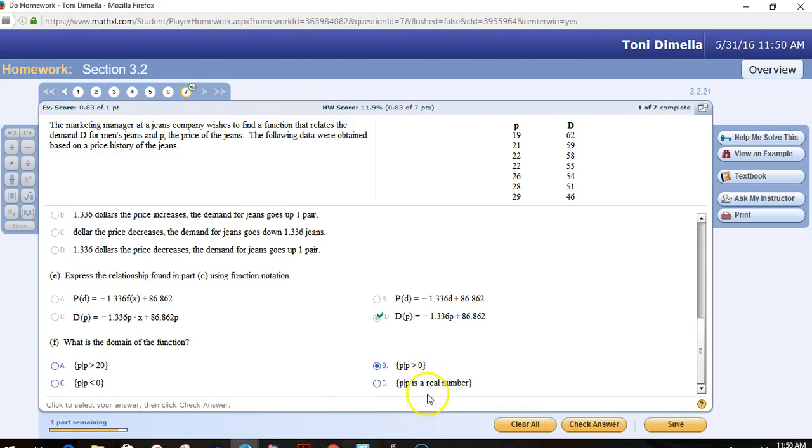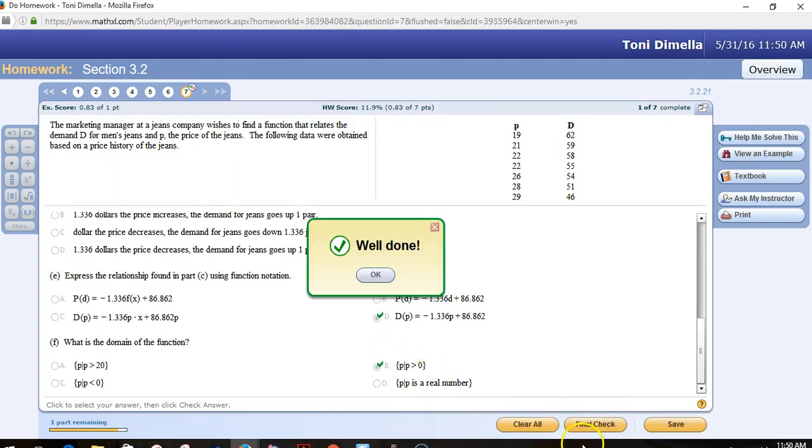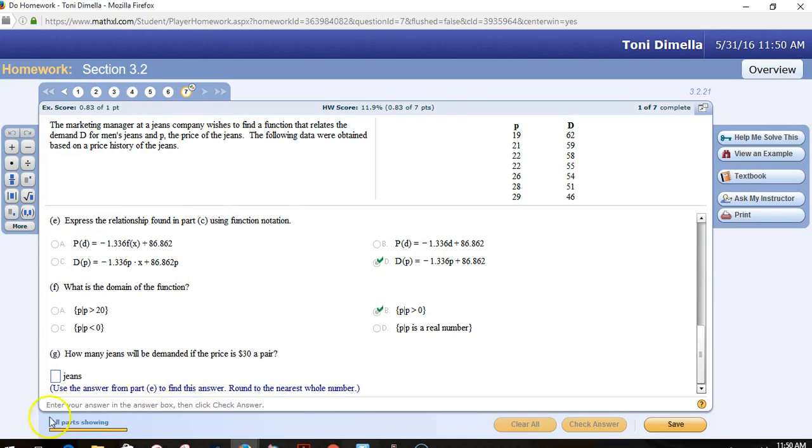If there was no storyline, it would just need to be a real number. But this is representative of a real-world application, and so we need that price to be greater than 0. And so when you're talking about real-world applications, you always have to think about, well, if it was my money, how would I stay in business? And that's how you generate a line of best fit, a correlation, and search for a domain.